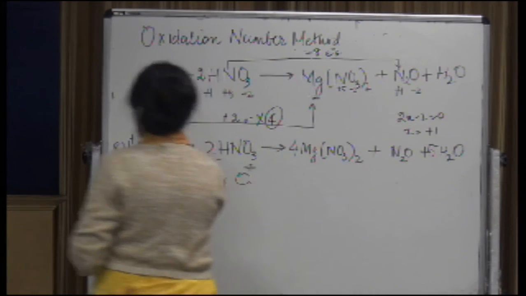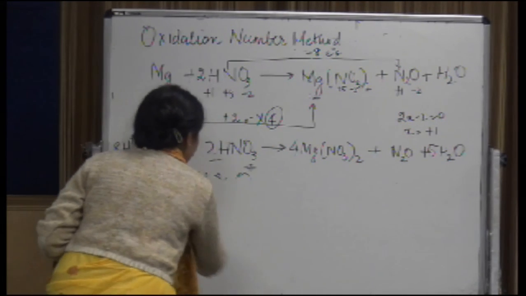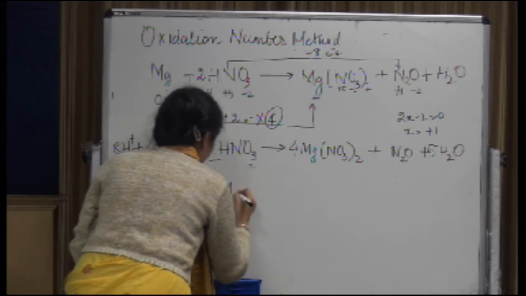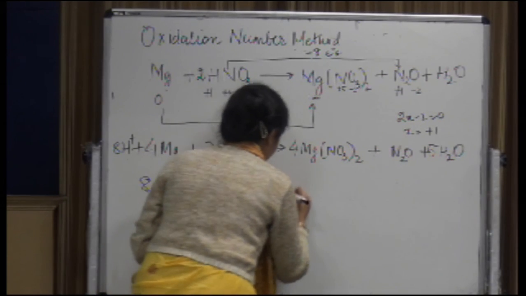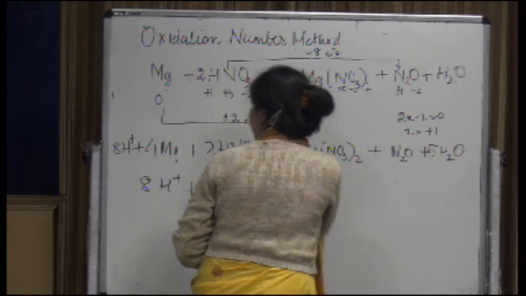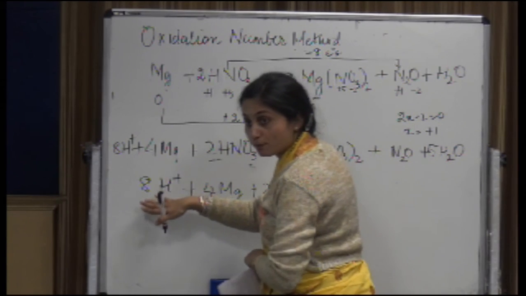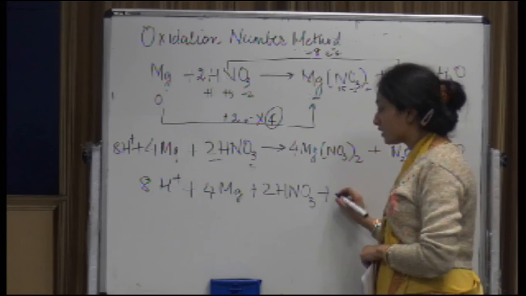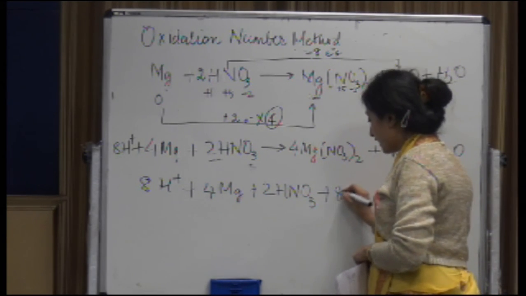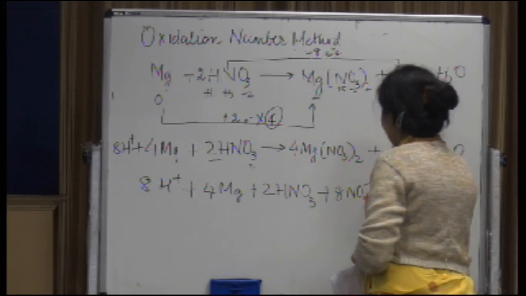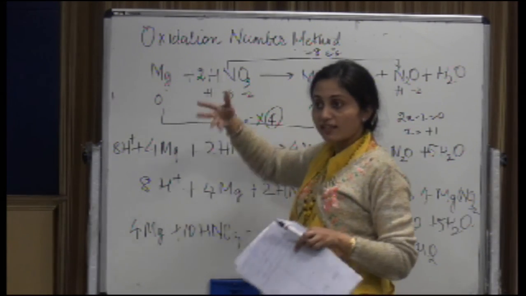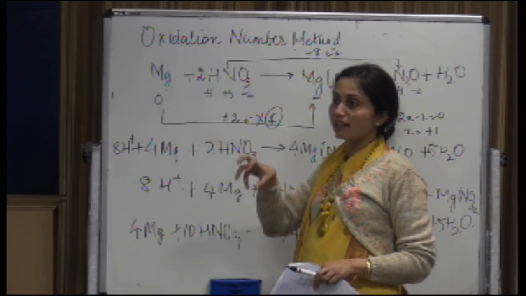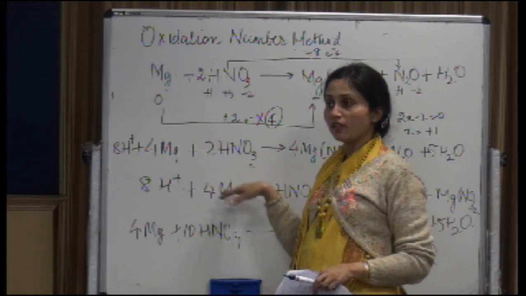So when we add the spectator ions, the equation then becomes 8H+ plus 4Mg plus 2HNO3 plus, because you have 8H+, those pluses have to be balanced with NO3-. So how will they be balanced? You will have 8NO3- giving 4Mg(NO3)2. It's common sense: the starting reagent only had HNO3, so the only ion which can be used to balance out your H+ will be NO3-.